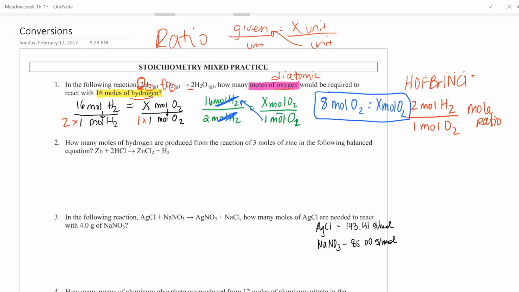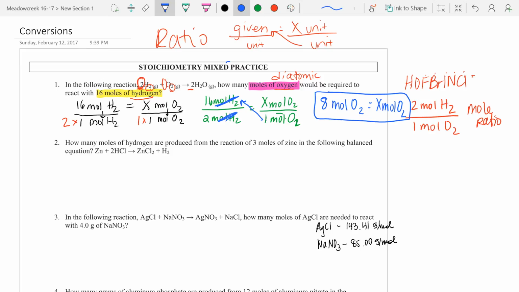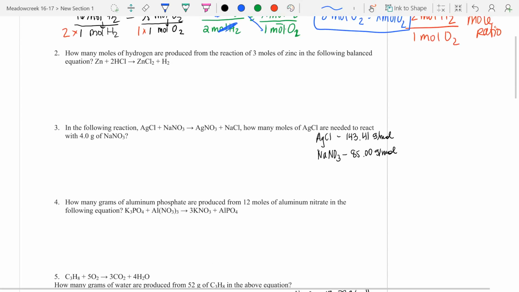So again, we're going to decide what's given to us first. What's given to us is we have 4.0 grams of sodium nitrate, and they ask for how many moles of silver chloride they are looking for.